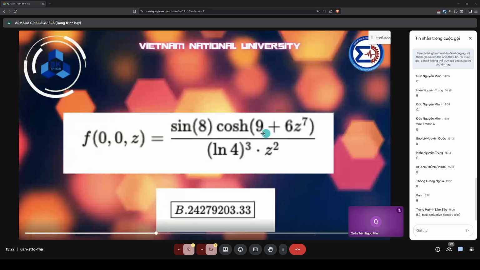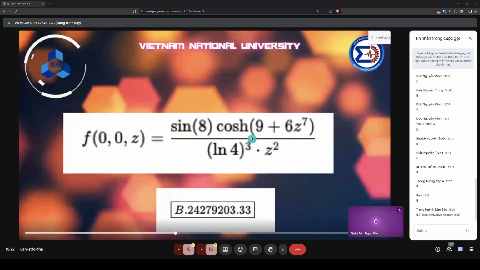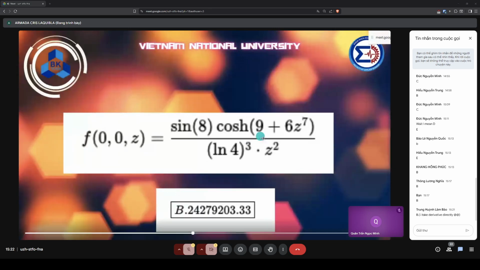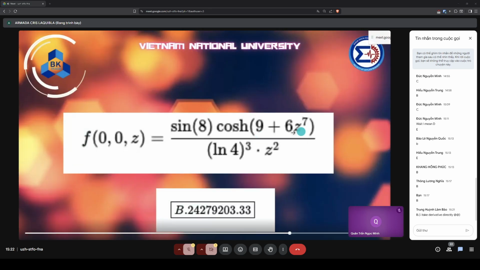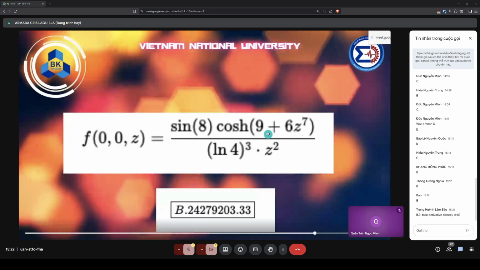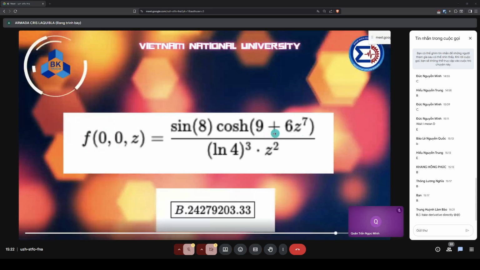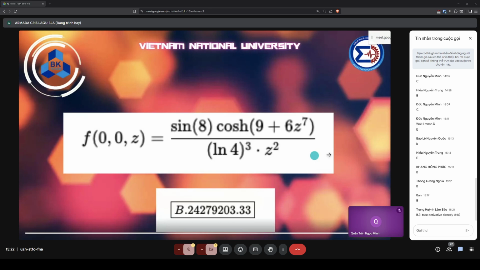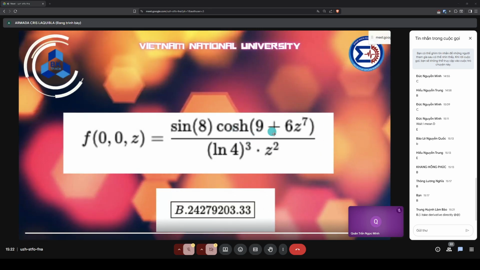So 42 times your sinh of 9 plus 6z to the 7. So your z there is 1, right? So z to the 7 becomes 1. So sinh 15 minus 2, because you have there 2z. So 2z becomes 2. So minus 2 times your cosh of 15 also divided by your ln 4 cubed.